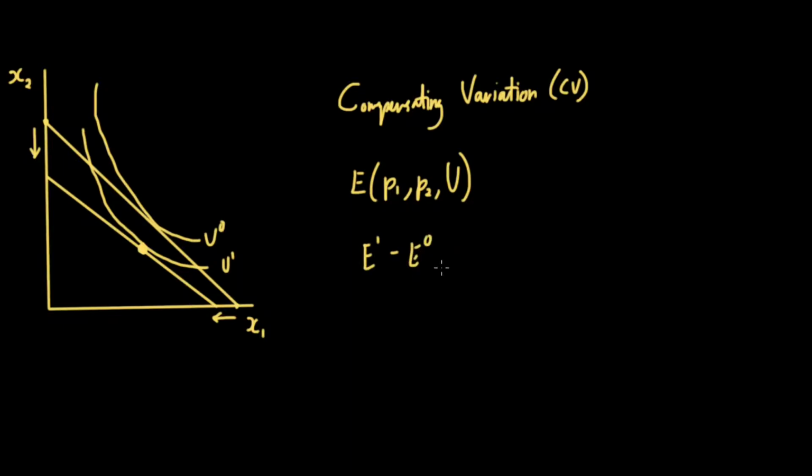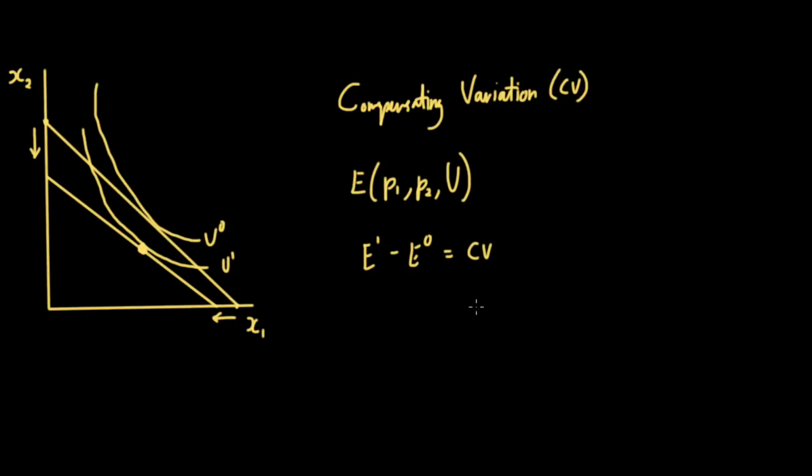This tells us how much more the consumer has to spend to stay on the same utility level, and this would be equal to our compensating variation. Now, what is E1 and E0?